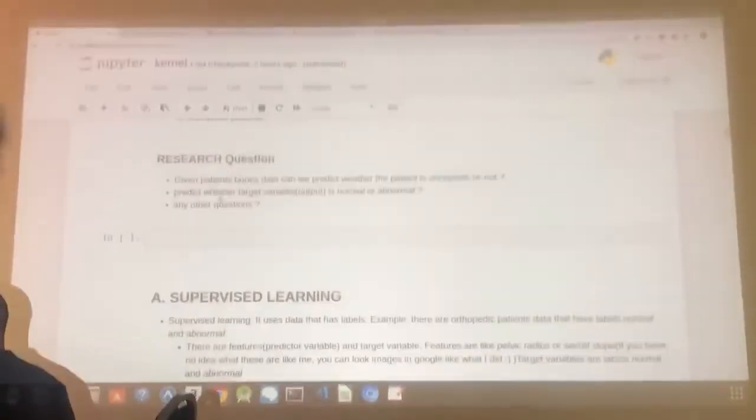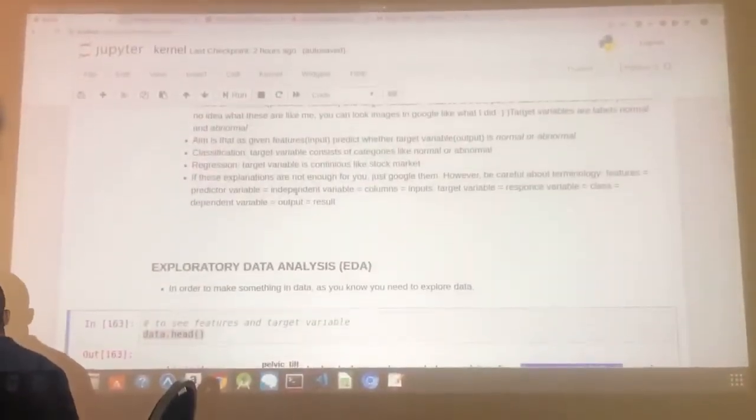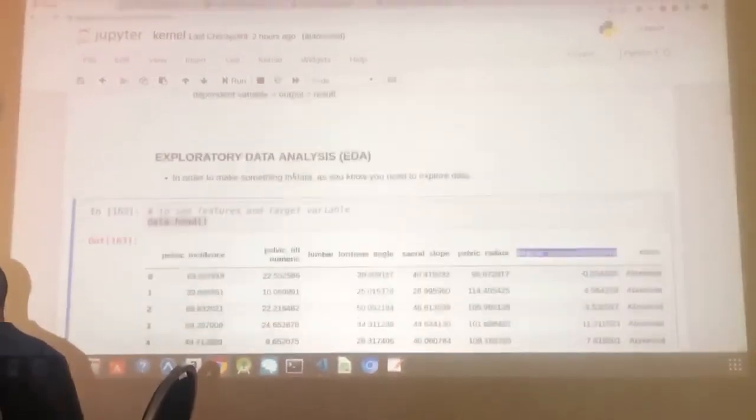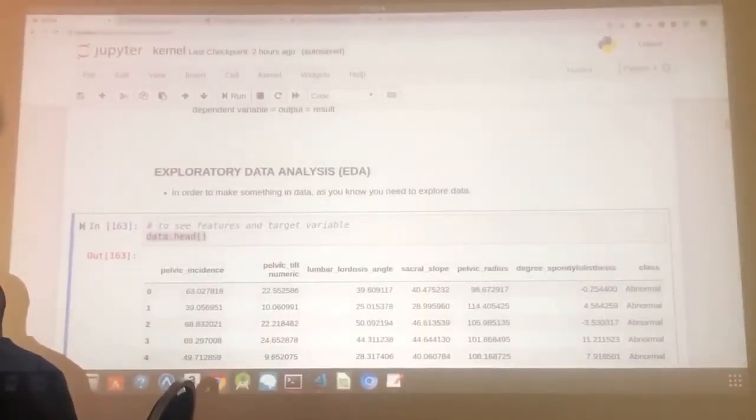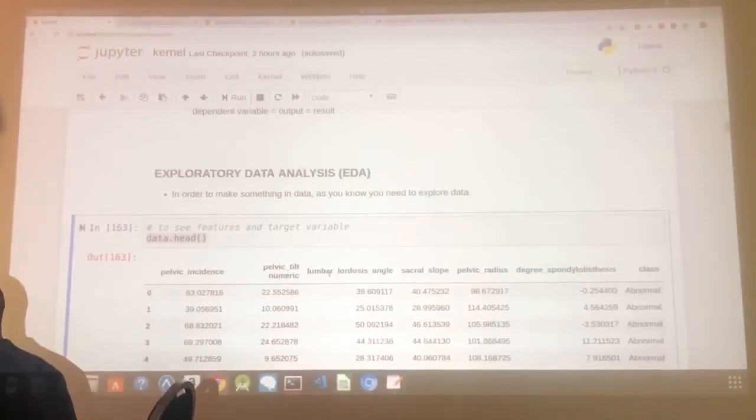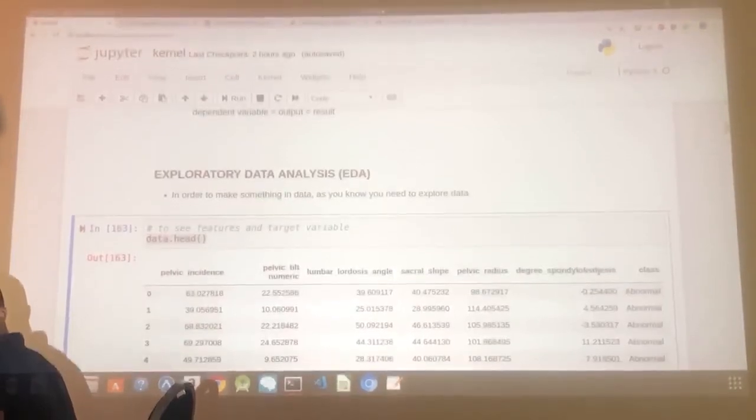The question that we asked ourselves was, given this data, if I measured your pelvic incidence, your pelvic tilt numeric, if you dive deep, you'll see it's just some bone angles and stuff, can I then predict whether you're normal or abnormal?